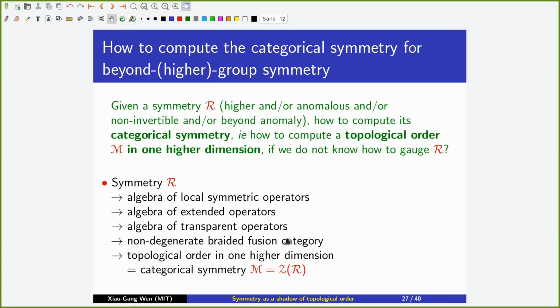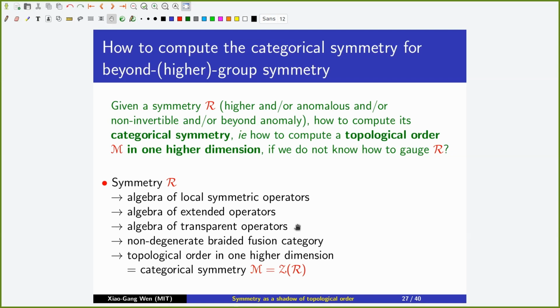These two steps are very close, which I will explain. The braided fusion category is a mathematical structure describing onions, or onions with strings, things like that, which basically becomes a topological order in one higher dimension. So these are the steps. I think the key is introducing this transparent patch operator, which makes the calculation manageable.